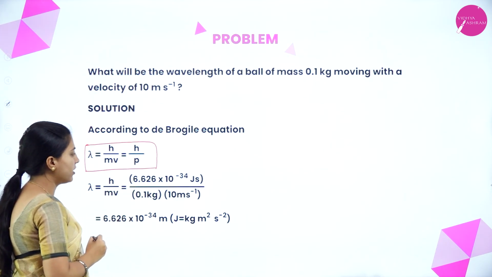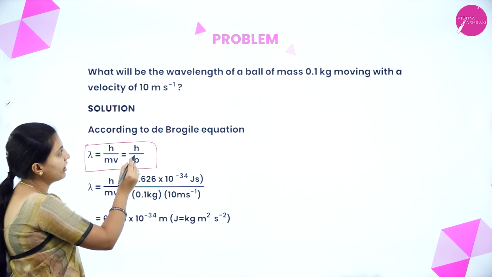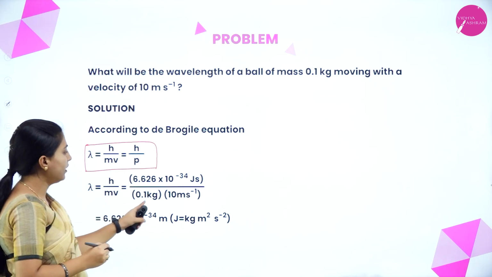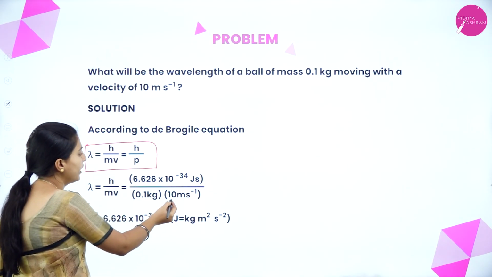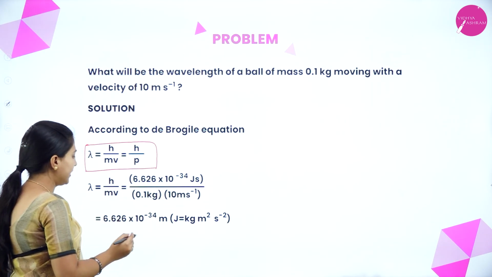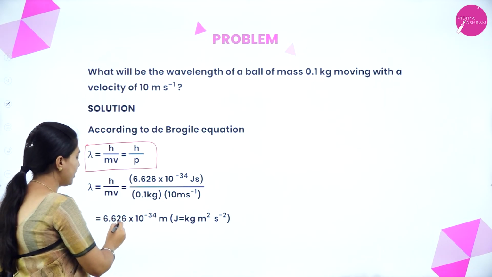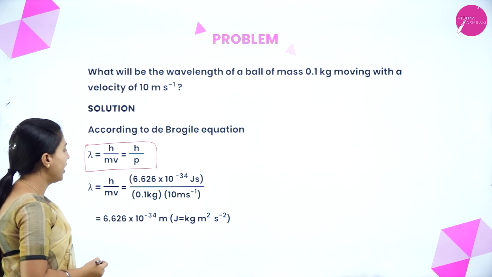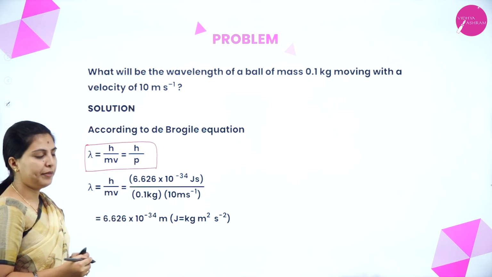Here we have written the constant. m into v, they have given mass of 0.1 kg, velocity of 10 meter per second. After calculating this, we will get 6.626 into 10 to the power of minus 34 meter.